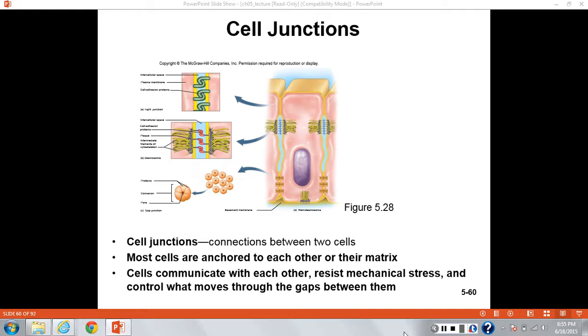Gap has spaces so things can interact. That was on the test. But it builds. It don't go nowhere. So just because you get through with it one time, it's in chapter 19. And desmosomes are this mesh that help hold things together. All right.